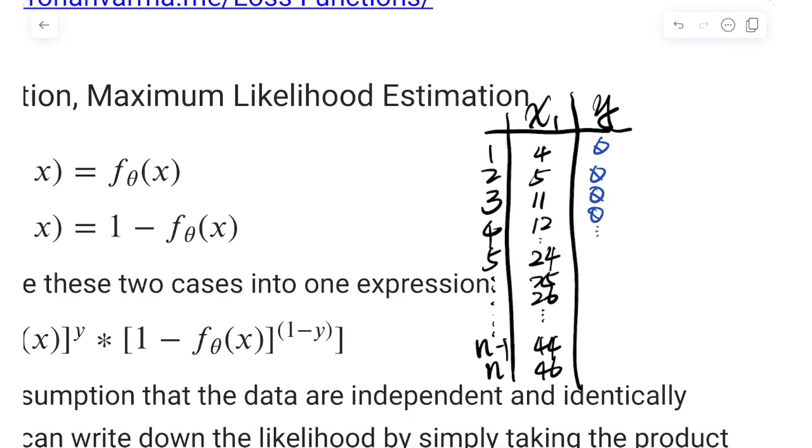Sometimes the data is not that smooth. Sometimes you win even if you have a lower score, and sometimes you lose even if you have a higher score.